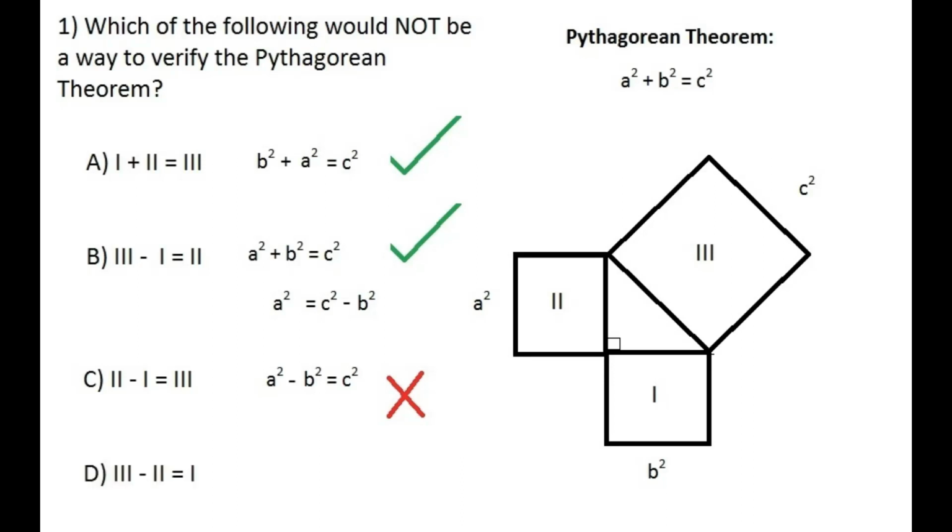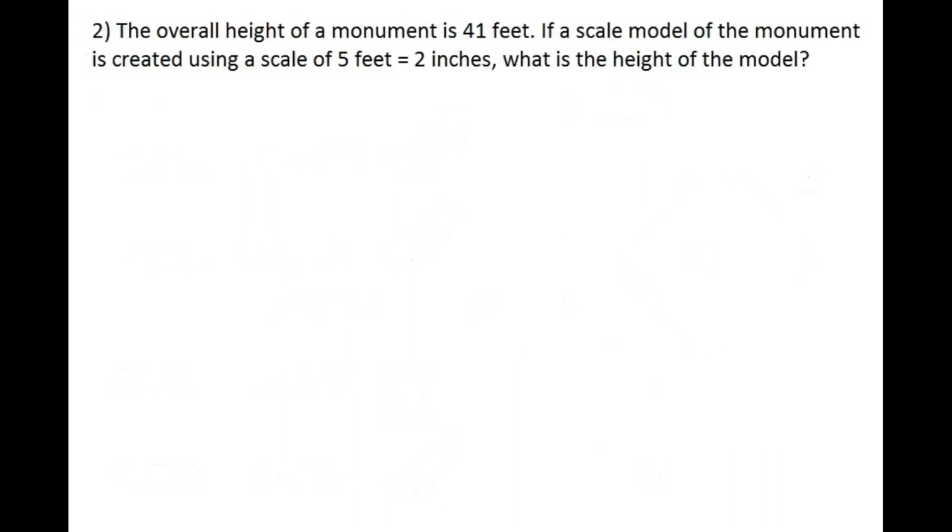And just to make sure, let's check D. Can we rearrange the theorem to look like this? Well, is block 3 minus block 2 equal to block 1? We're saying is c squared minus a squared equal to b squared, and it is. So the answer here is C. All we're doing is rearranging the Pythagorean theorem, and the one that does not fit is C. All right, moving on.